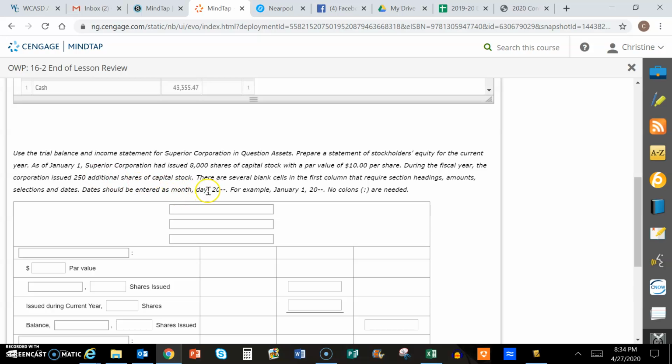The date should be entered as month, day, 20--. So it's always who, what, when. We have Superior Corp. What is it? Statement of stockholders' equity.